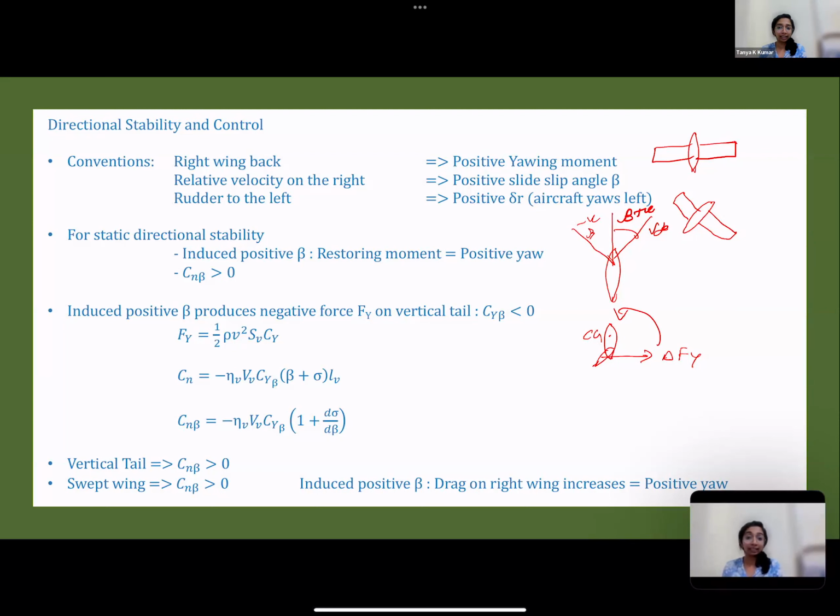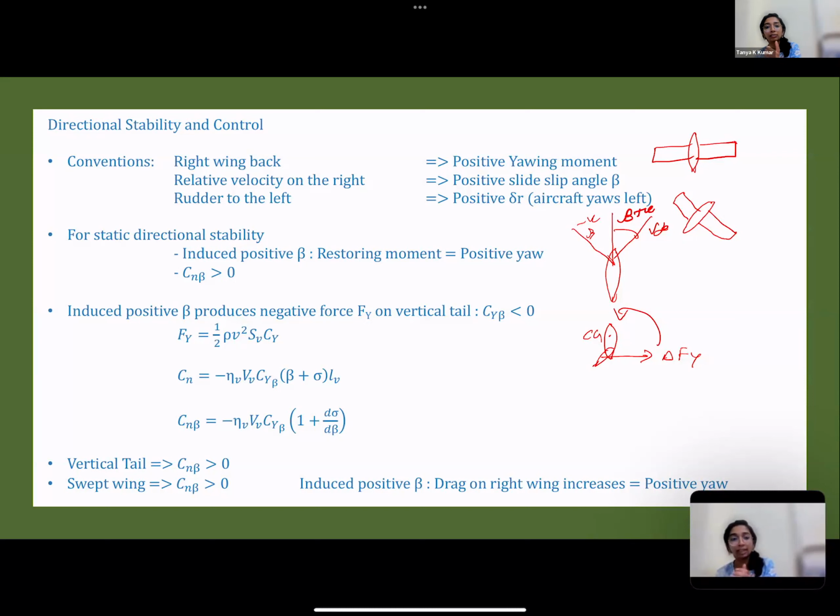Now for static directional stability, what do we need? When the aircraft encounters a positive gust beta, you require your aircraft to align to the beta so that there is no beta angle, to negate the beta. So when there's a positive beta, you require your aircraft to yaw towards the right.